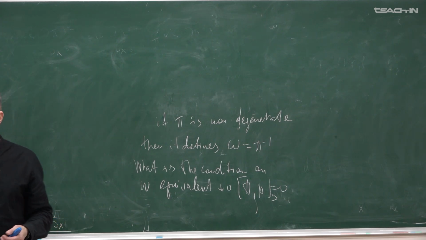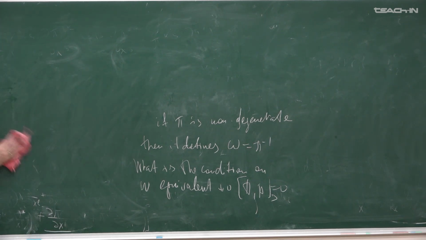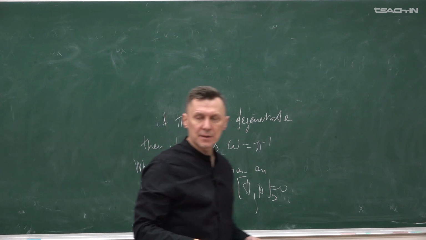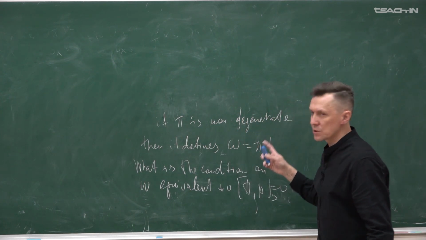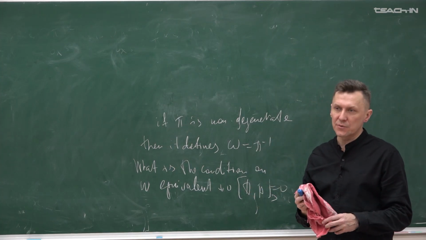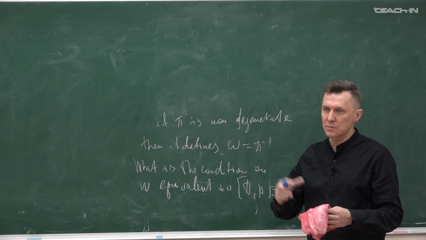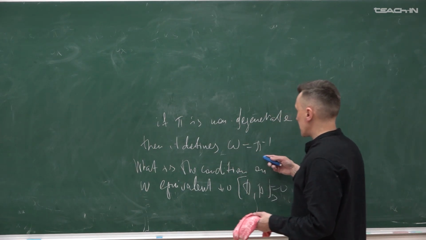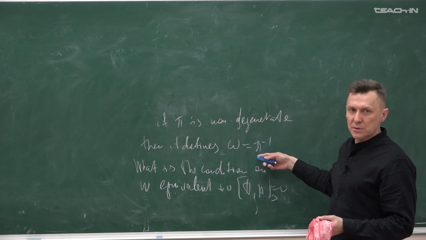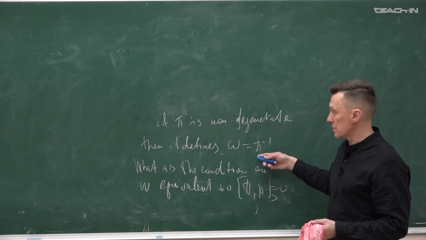The question: if pi is non-degenerate, meaning invertible, it defines some differential form, a two-form omega, which in coordinates is just given by inverting the matrix of our bivector.